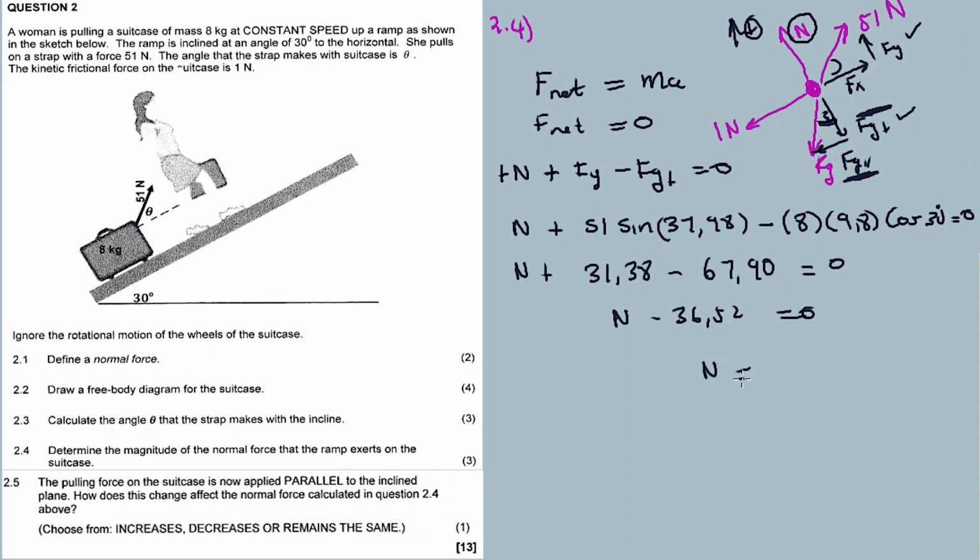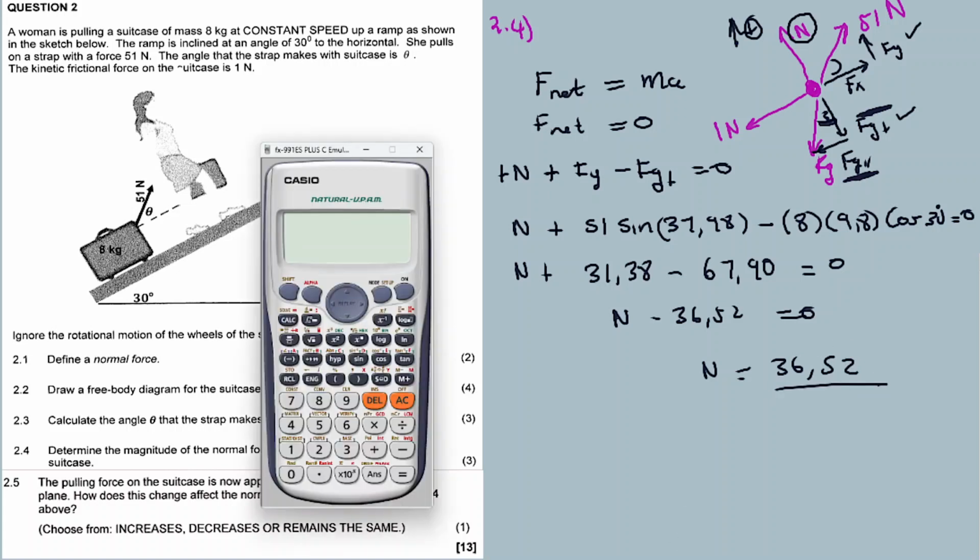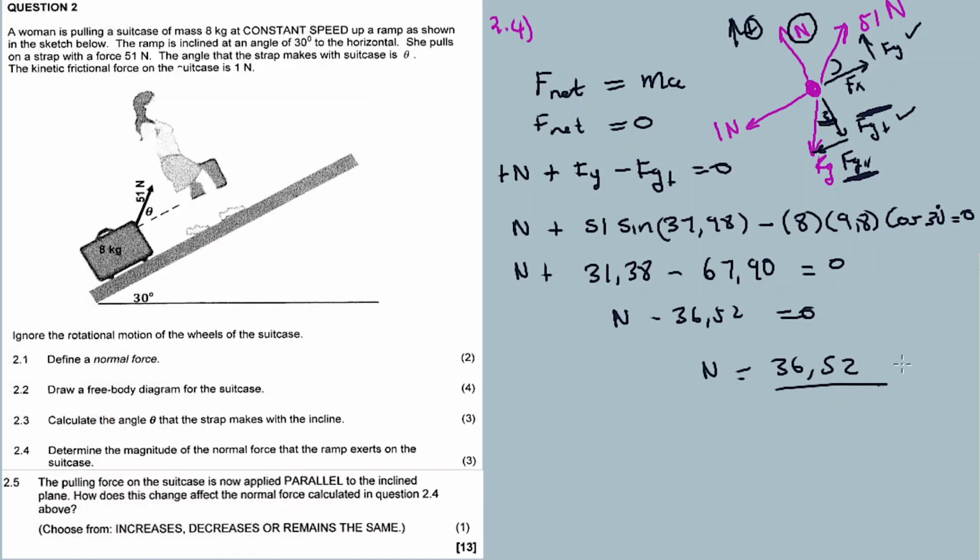Then N is equal to 36.52 newtons upward, because the direction of the normal force is acting upward.